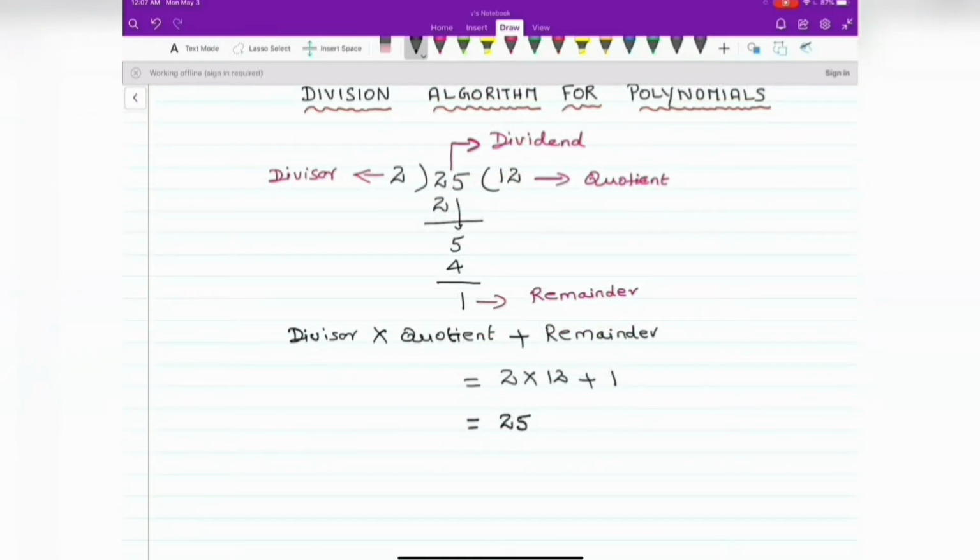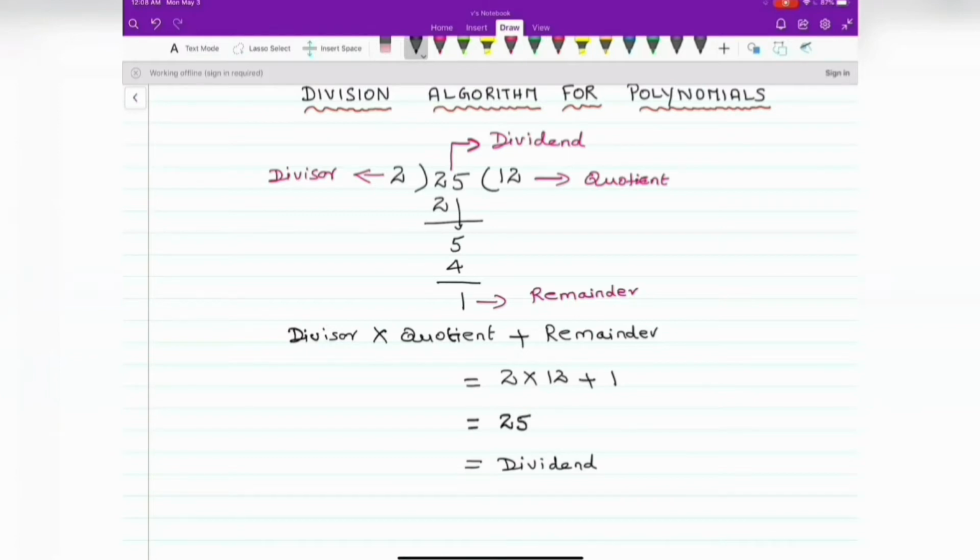This is nothing but dividend. Or in other words, dividend is equal to divisor into quotient plus remainder.